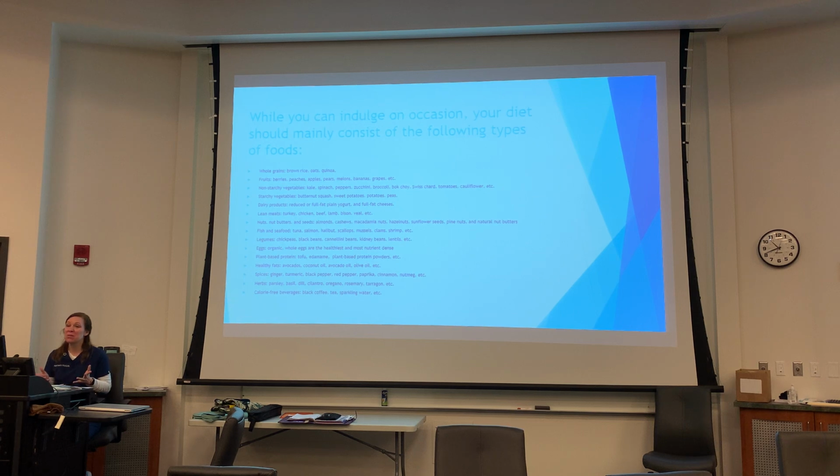Sweet potato fries are a big step up from regular fries because they're so nutrient dense. They're packed with good things for you, whereas white potatoes are more of a simple sugar, lots of calories. Non-starchy vegetables are your kale, spinach, peppers, zucchini, broccoli, bok choy, Swiss chard, tomatoes, and cauliflower. These are all good things that we should try to get on our plate.